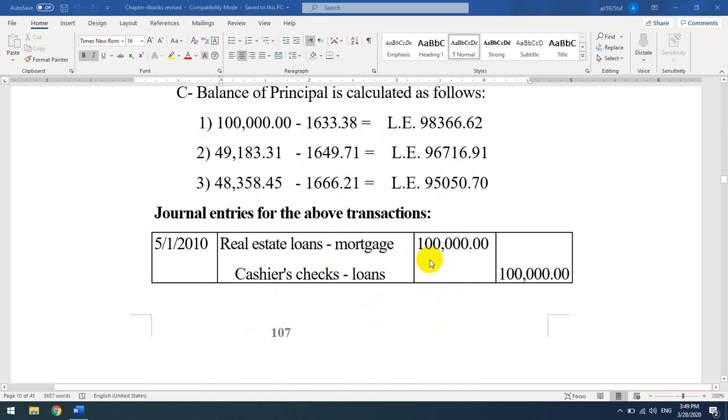Now let us record the issuance of the mortgage loan on May 1st. On May 1st, the date of the issuance of the mortgage loan, we will record the real estate loan, type mortgage, debit for 100,000 Egyptian pounds, and the cashier check loans credit.